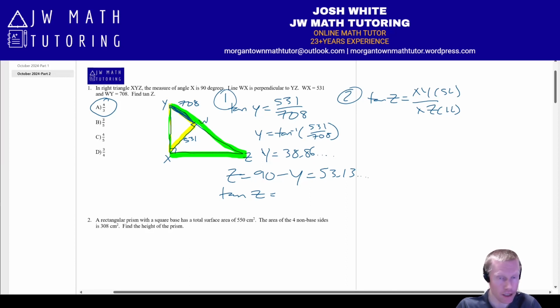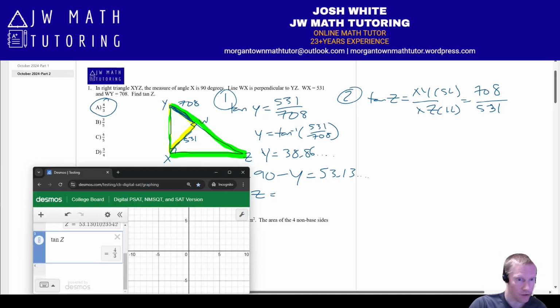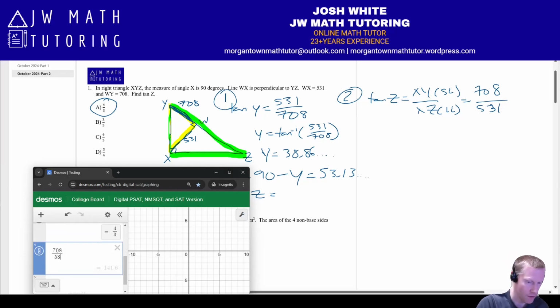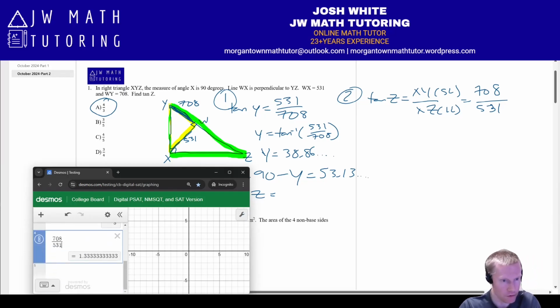Going based on the drawing, it's not going to be short leg over long leg because 708 is larger than 531. So it's going to correspond to 708 over 531. If you divide those out, you'll see that they're equal to 4/3. Again, it's 1.33333, or right there, 4/3.